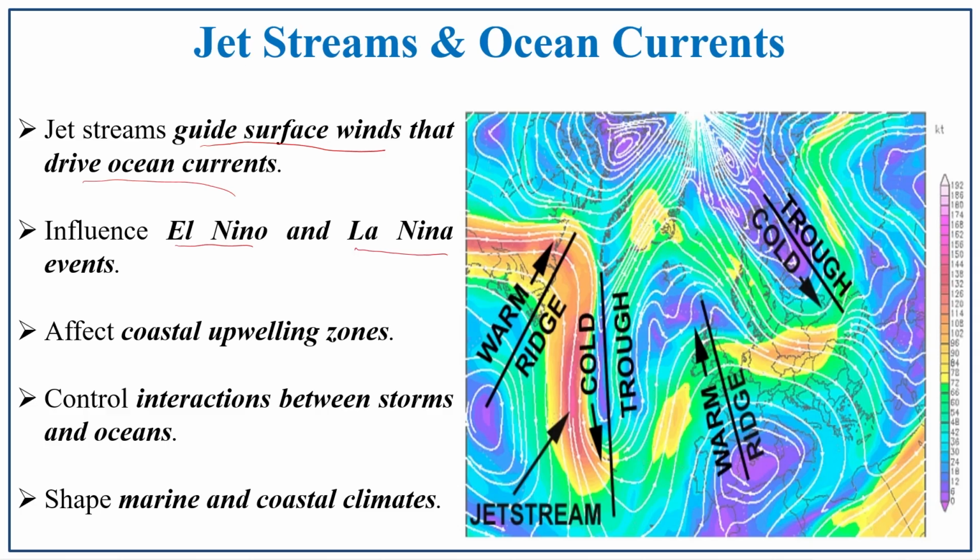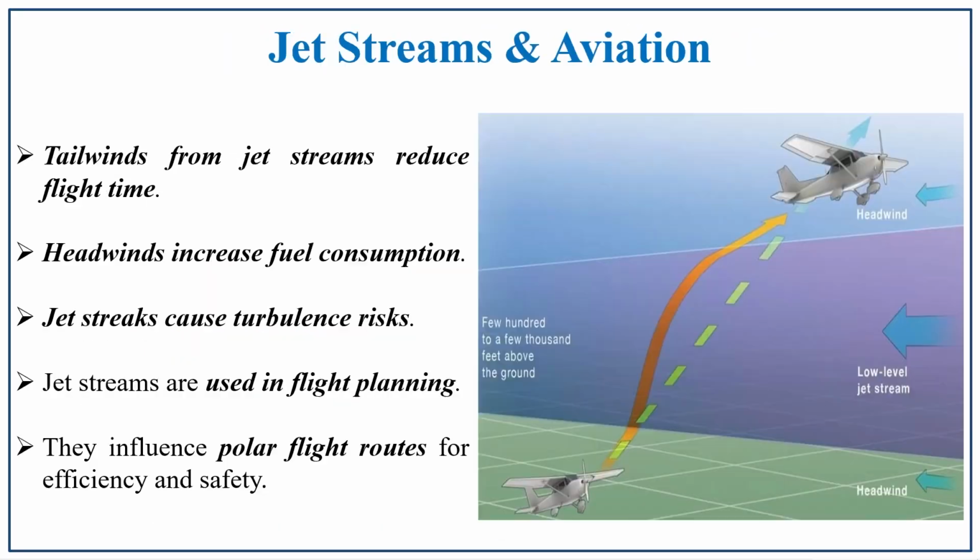It also affects the coastal upwelling zones, and it controls the interaction between storms and ocean. So it is a mediator between the storm and ocean. The jet stream plays an important role between the water bodies and wind. It shapes the marine and coastal climates. So the coastal region is highly influenced by jet streams.